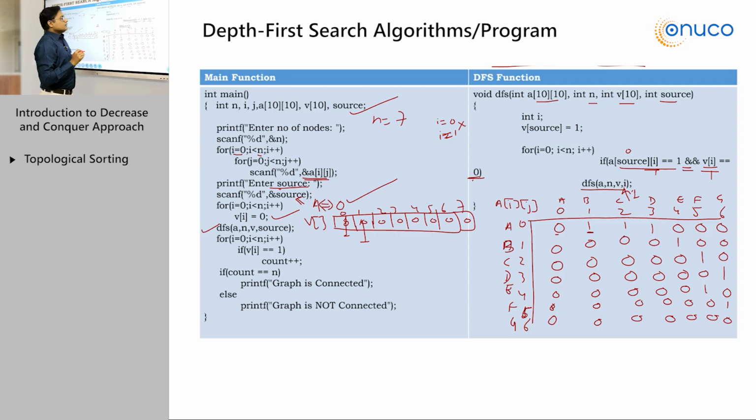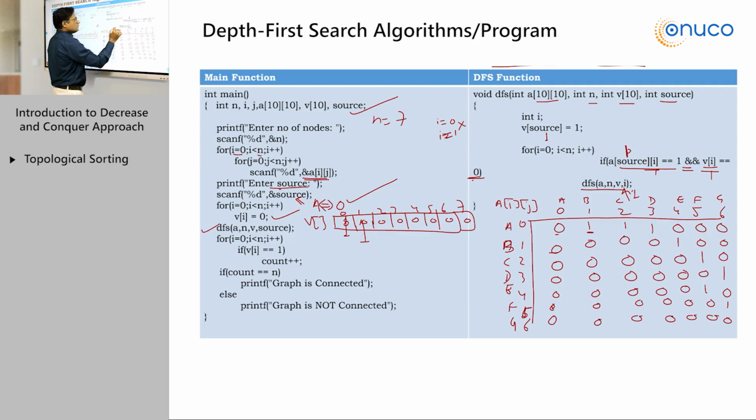But the point to be noted is that source is now 1, because we have already traveled from 0 to 1. So we are at 1. Now again this for loop will start from 0 across all the vertices. So from 1 to 0, what is 1, 0? It is 0. So the condition failed.